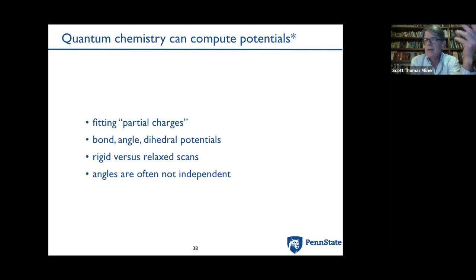You can't possibly fit everything about the electrostatic potential of a cloud of electrons around point-like nuclei, but you do the best you can. And so you want to fit the sort of charge distribution that is electrostatically relevant for nearby molecules. So you do that, and that's a thing in Gaussian.